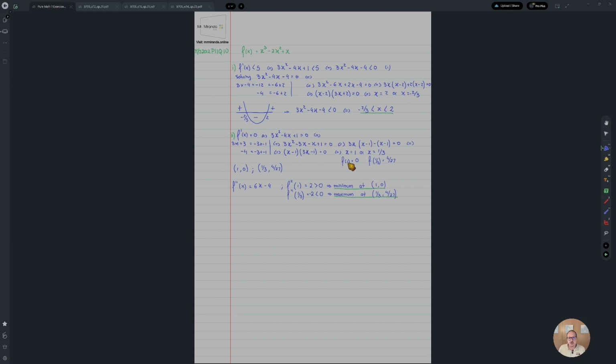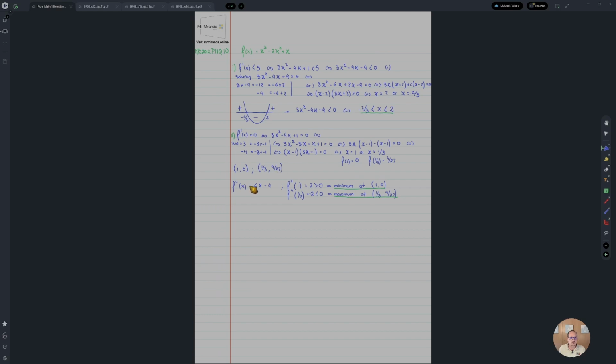Then I find the corresponding y coordinates by substituting the values of x into the original function. So f of 1 for this and f of 1/3 for that. And here you have the corresponding values. So the points are (1, 0) and (1/3, 4/27).